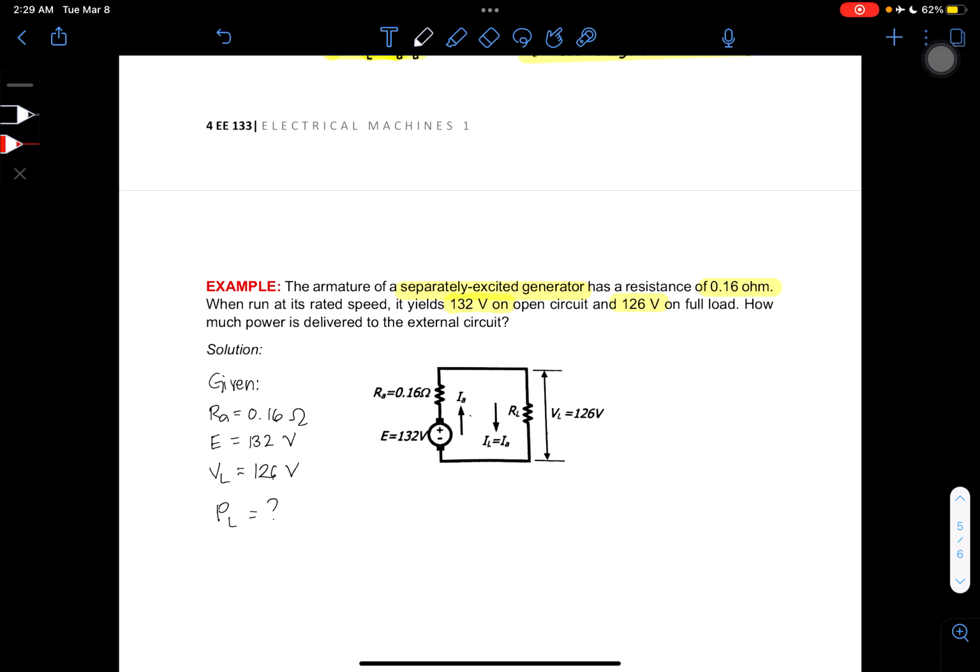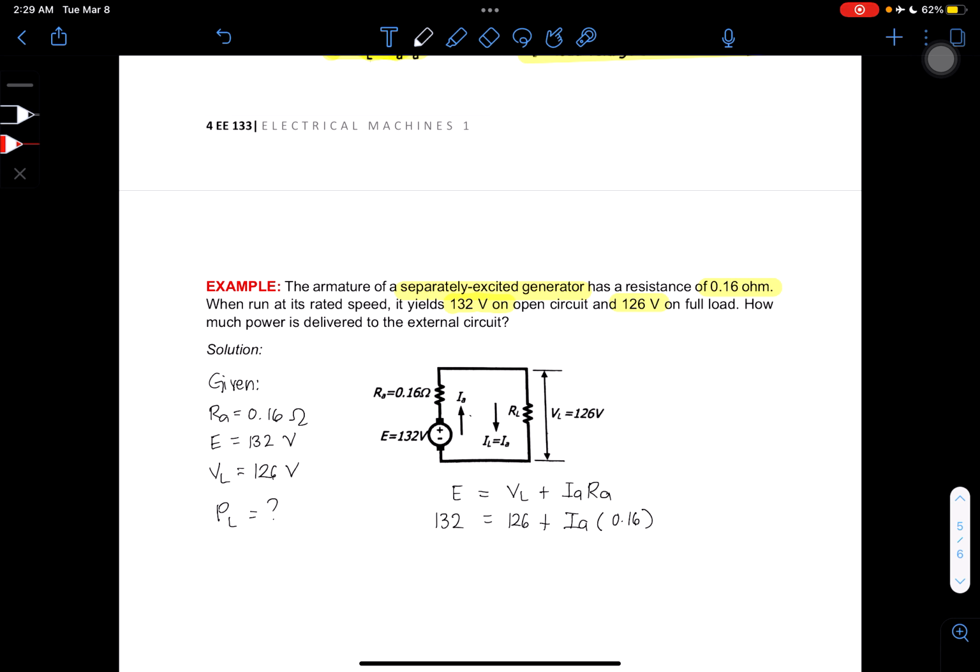To solve that, we need to use the formula E is equal to VL plus IA multiplied by RA. Everything is given. So, substituting, our E is 132, equal to our VL of 126 plus IA, which is unknown, multiplied by RA of 0.16.